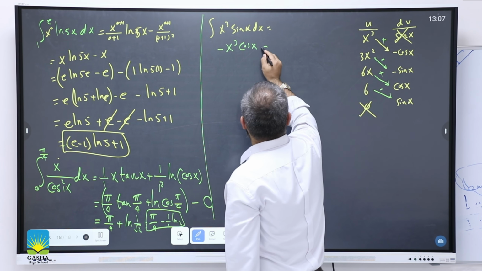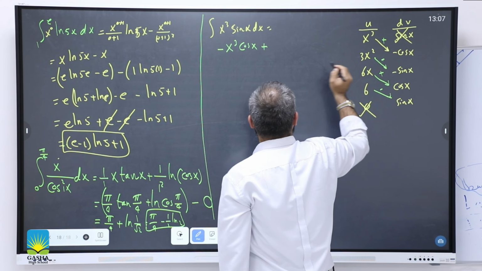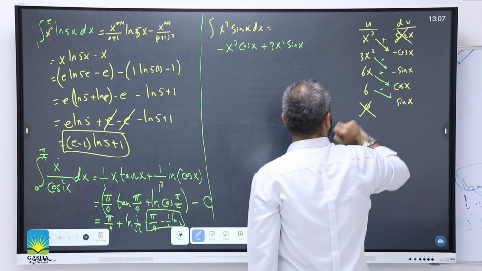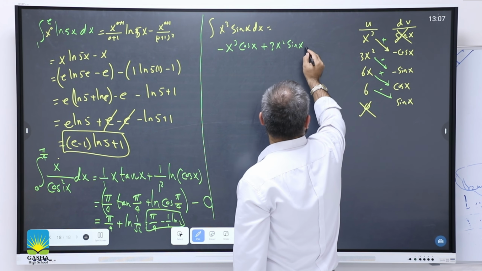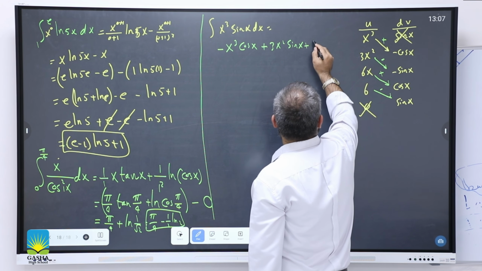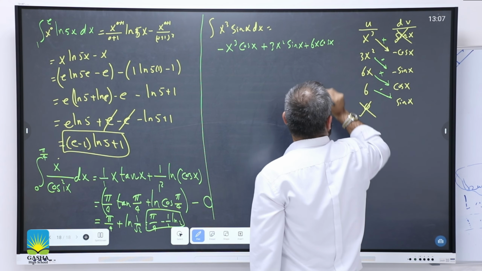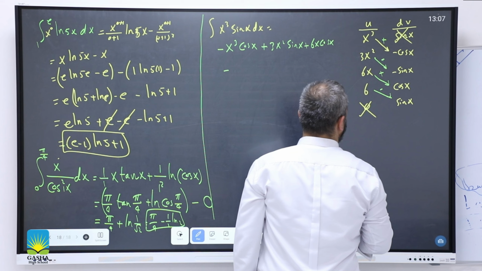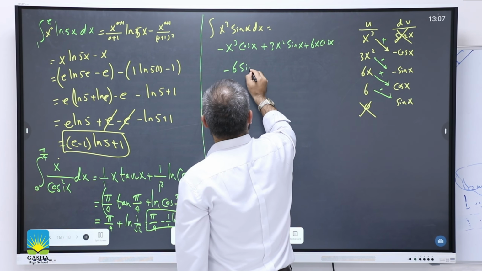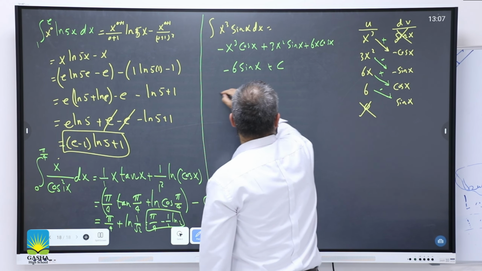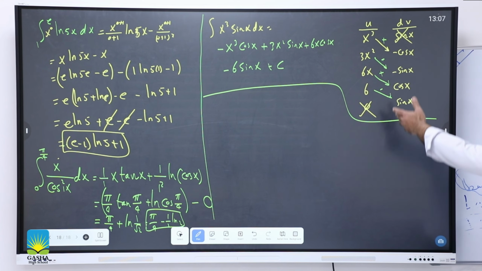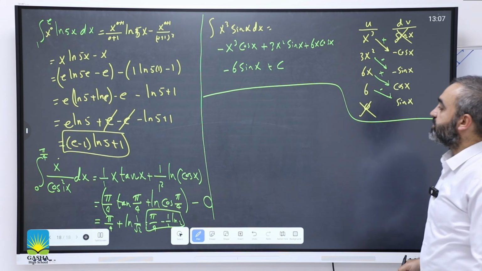Negative times negative becomes positive: 3x power 2 sine x, right? 6x times cosine x, 6x cosine x. And minus 6 times sine x, 6 sine x, plus c. So this is the result. X power 3 sine x, applying this method.